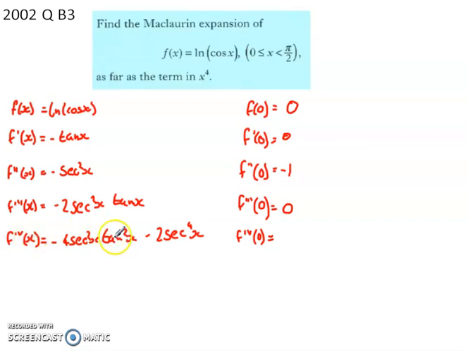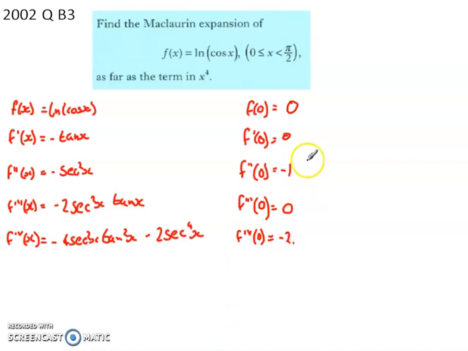I've then got the fourth derivative again at the value of x is 0. This part here, because it's multiplying by a tan squared, is going to equal 0. I've then got minus 2 times sec to the power of 4. Well, I know sec is 1 over cos. 1 over cos of 0 is just 1.